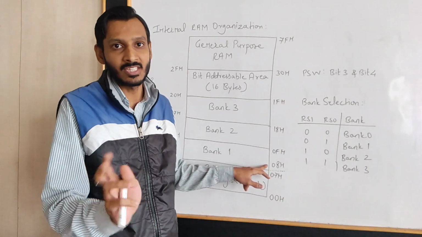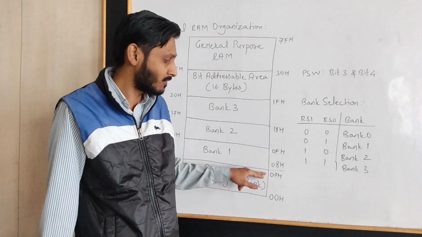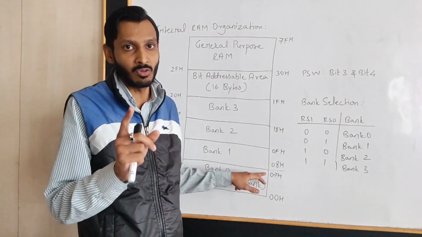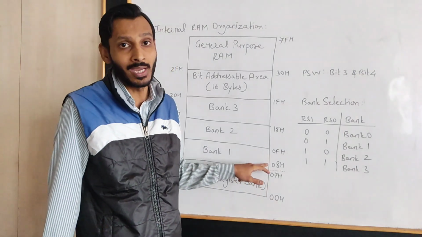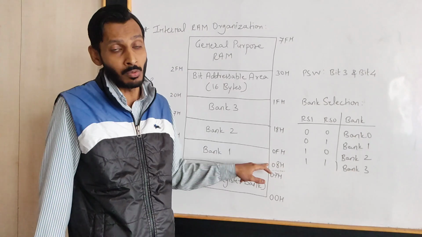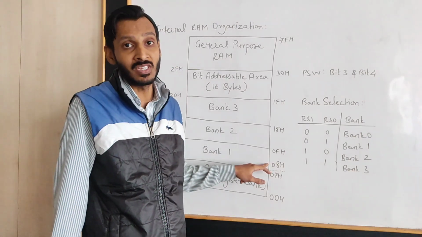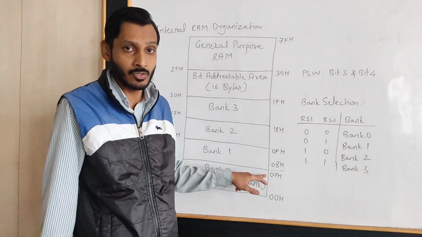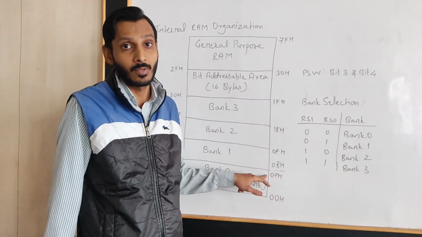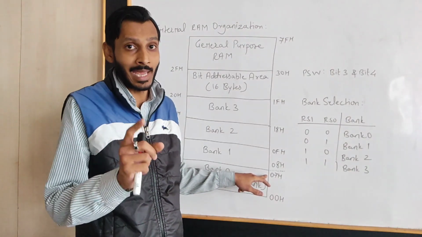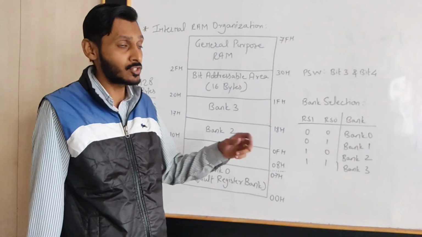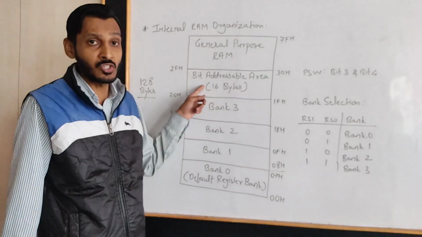By default, the initialization address of the stack is 07H, and whenever you push the first data on the stack memory, it will be pushed at the address location 08H. So remember that the stack is always initialized at the address 07H, and the first pushed data goes to location 08H.